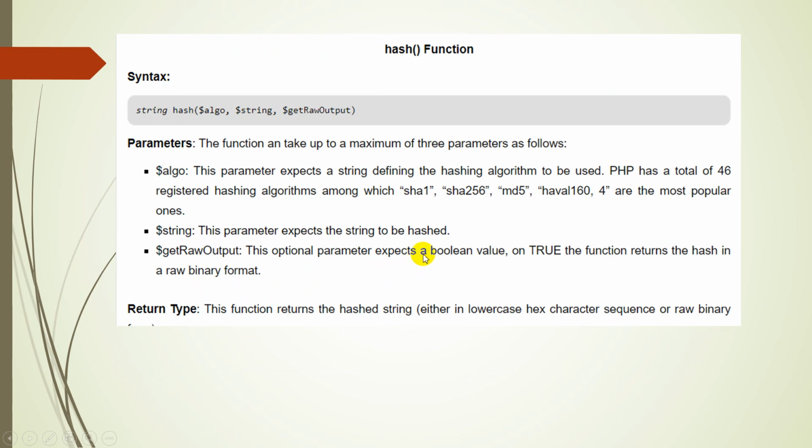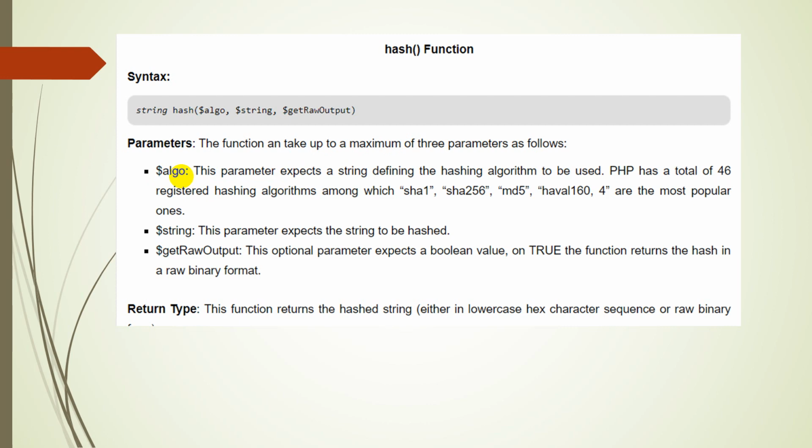The hash function syntax: string hash with algorithm, string, and get raw output. The function can take up to a maximum of three parameters, as follows. It is similar to md5 and sha1. The first parameter is the algorithm, a string defining the hashing algorithm to be used.